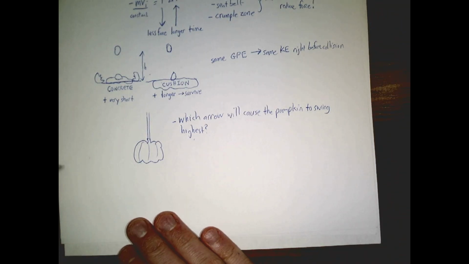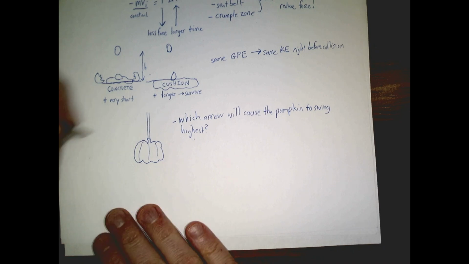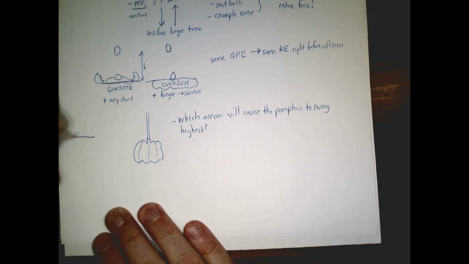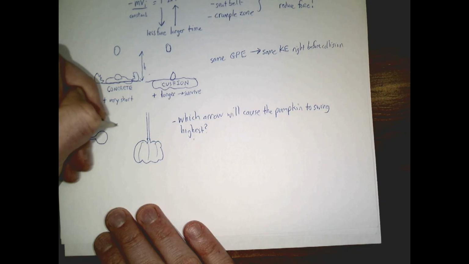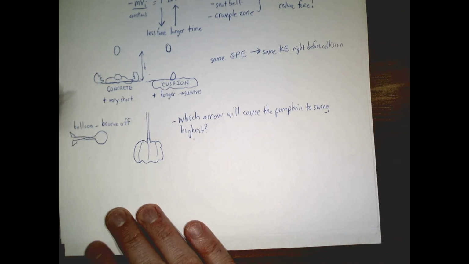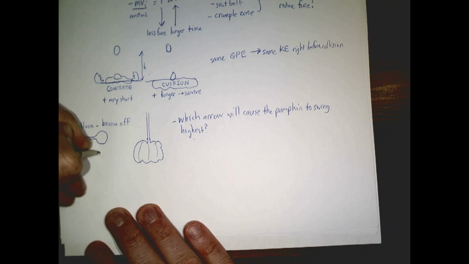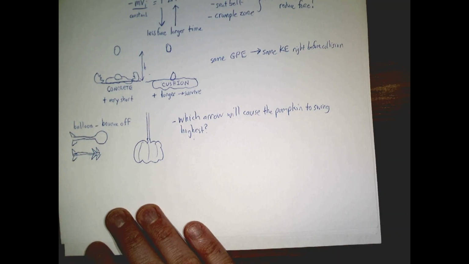We have 3 arrows in our arsenal here. We have one arrow, which has this big balloon on the end, and it's designed to bounce off. We have another arrow that, when it impacts the pumpkin, these spikes are going to launch out and it's going to lodge itself into the pumpkin.